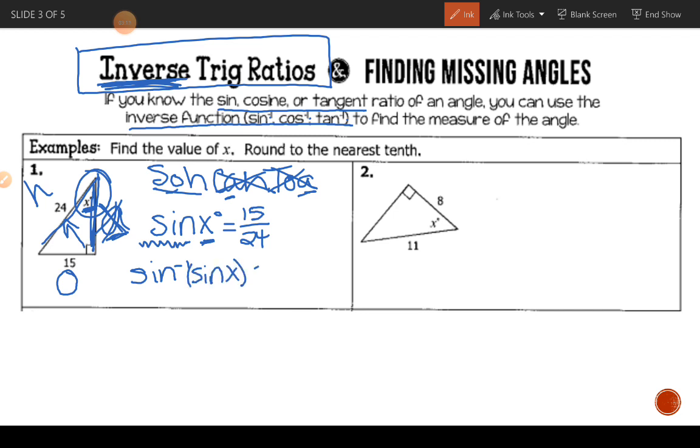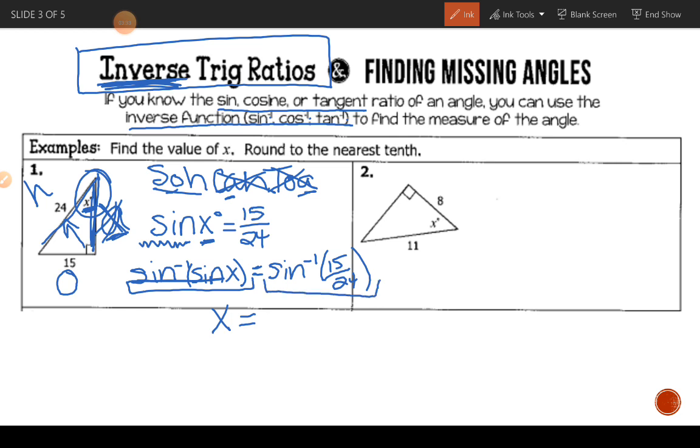This is kind of the long way to do it, but remember, whatever you do to one side of the equation you do to the other. So the sine and the inverse sine cancel, and it just leaves me with x is equal to.